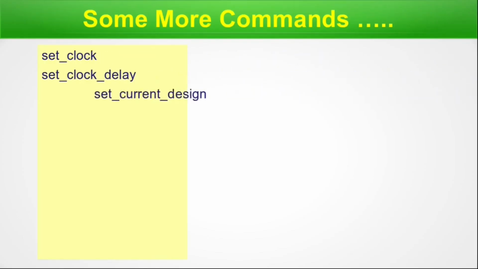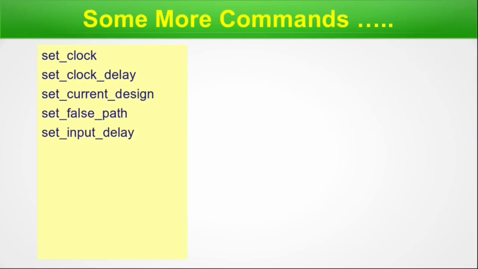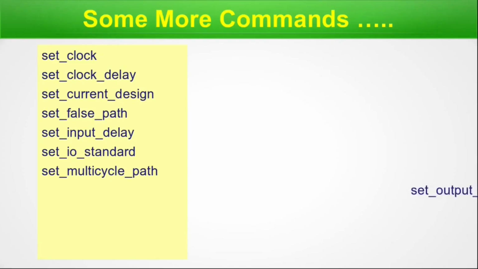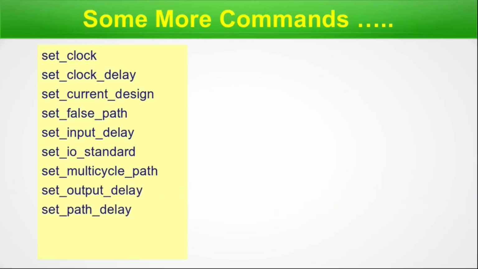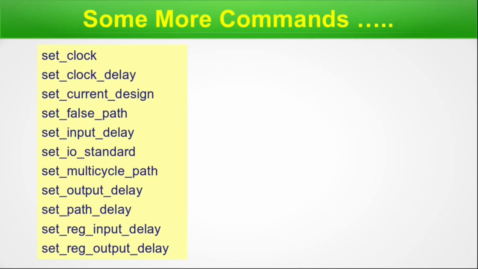So here we go for the list: set clock, set clock delay, set current design, set false path, set input delay, set IO standard, set multi-cycle path, set output delay, set path delay, set range input delay, set range output delay.